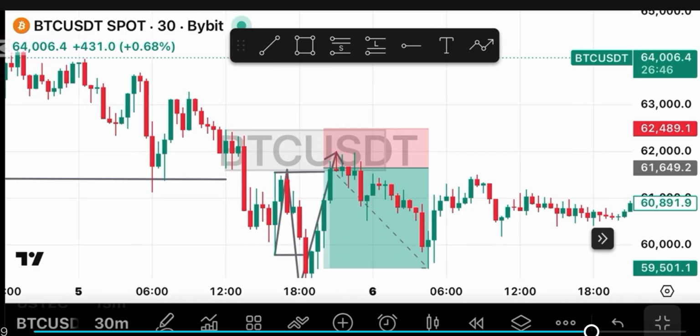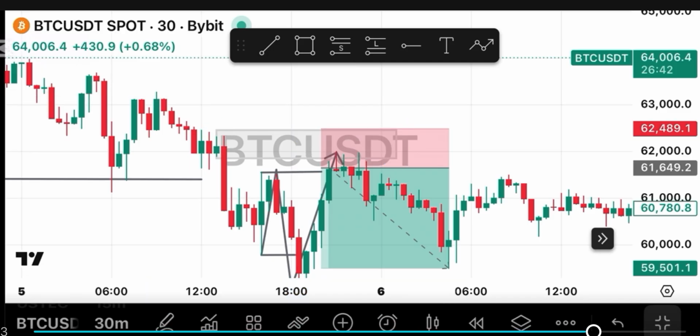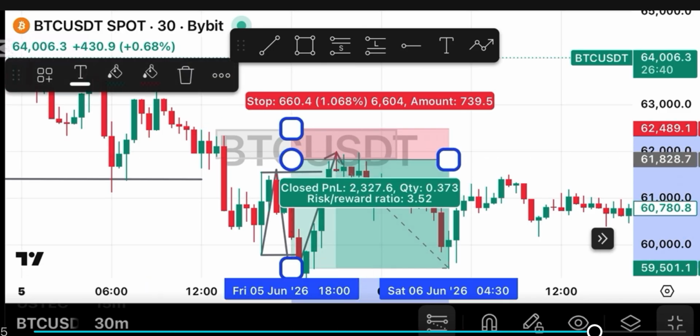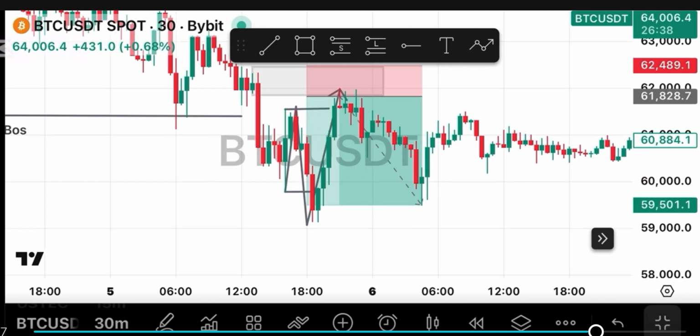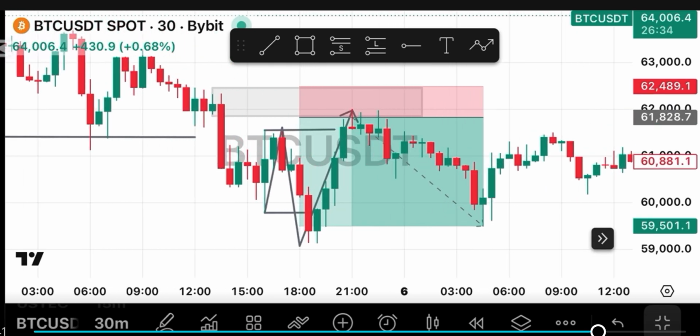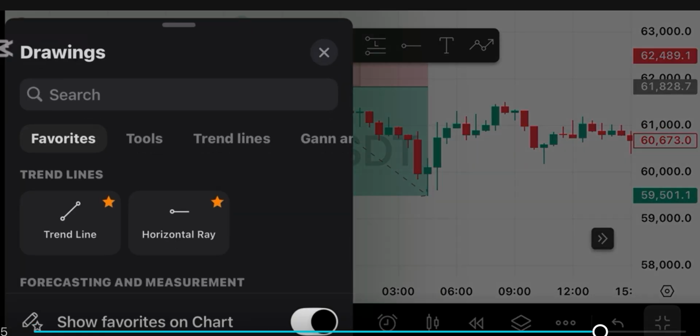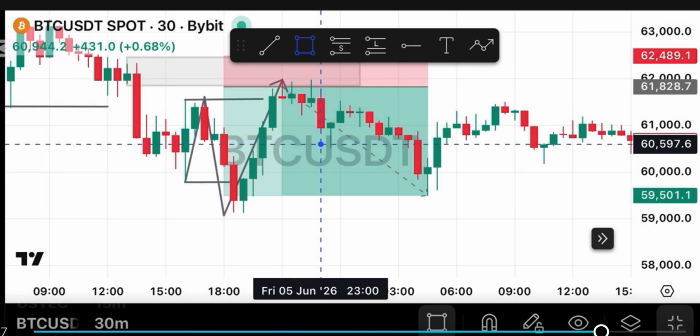I refined it to this small candle here, so it gave me a 1:4 instead, right? So after that, seeing the shift of structure on the lower time frame, which I just showed you now, you have to follow the new buy happening.